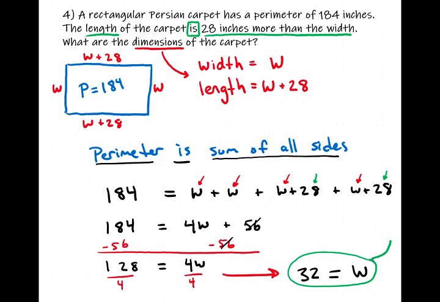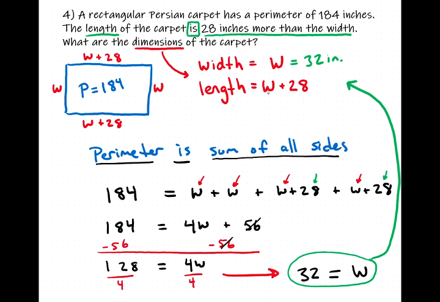So if we take this answer for W and bring it back up here, we've just found out that the width is 32 inches. And the length is 28 more than that. So now that we know the value of W, remember W is just a temporary placeholder for the number until we figure out what that number is, and we just figured out it's 32.